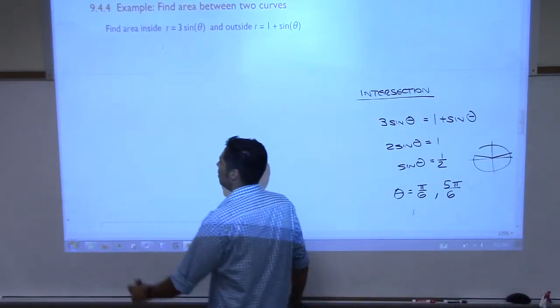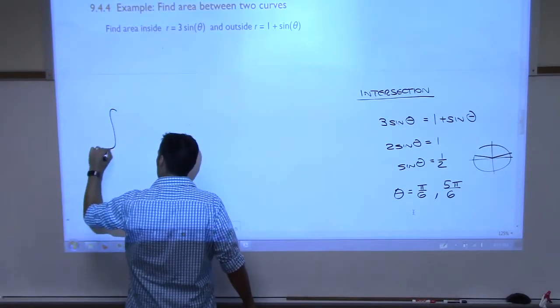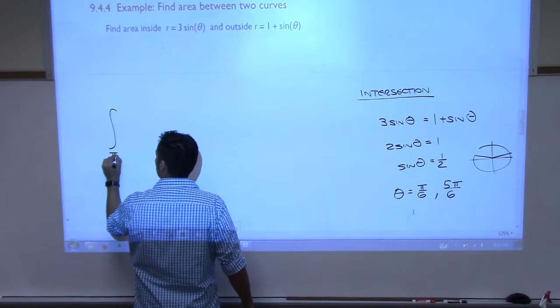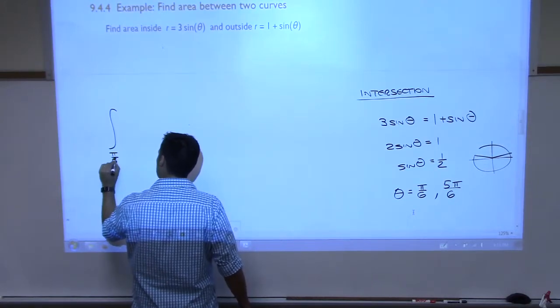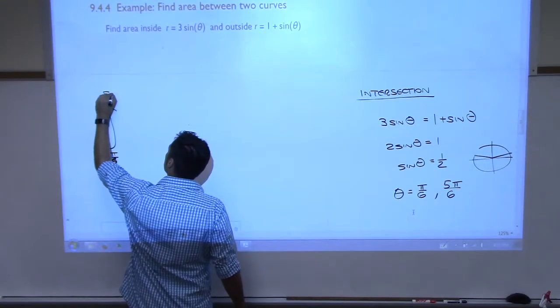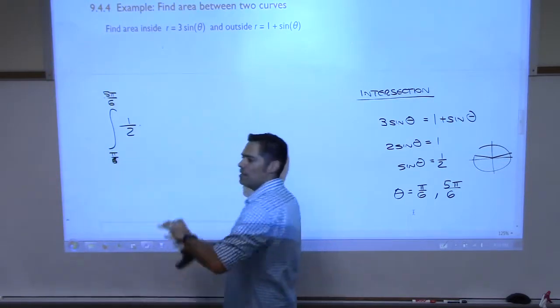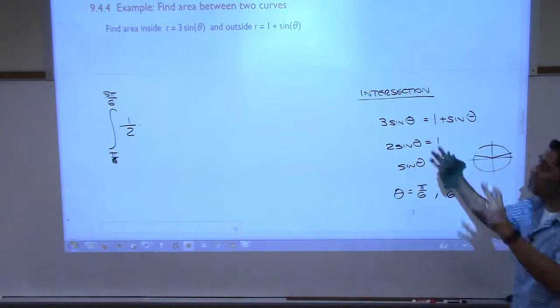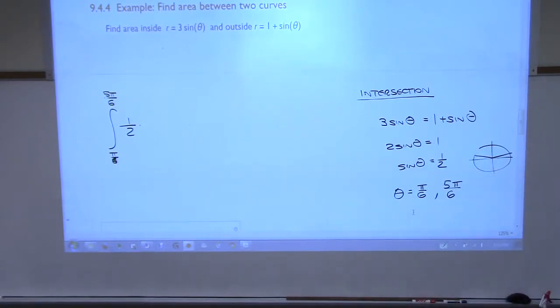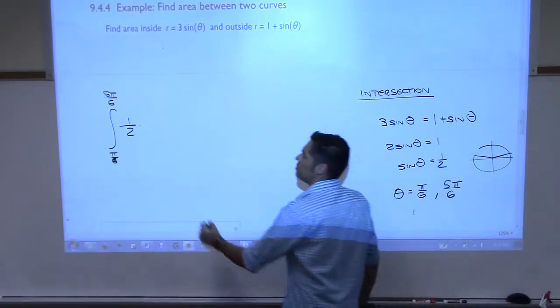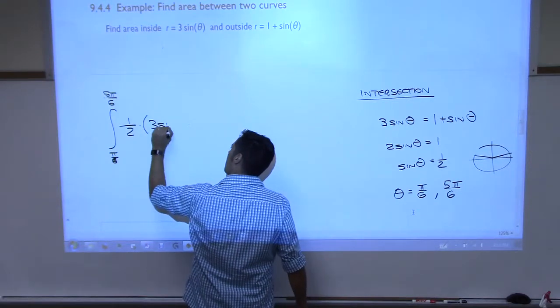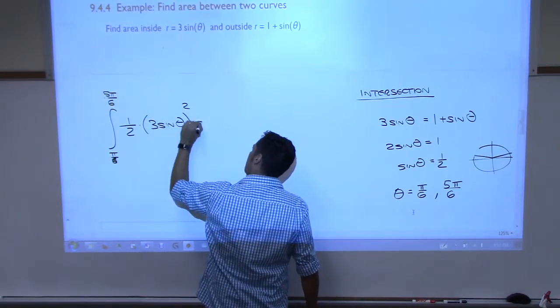So here we go. I'm going to do the integral from pi over 6 to 5 pi over 6 of 1/2 times, now the outer one first. So let's find the outer one. The outer one was the 3 sine theta, but I need to square it, don't I? 3 sine theta, but then squared, and then d theta.